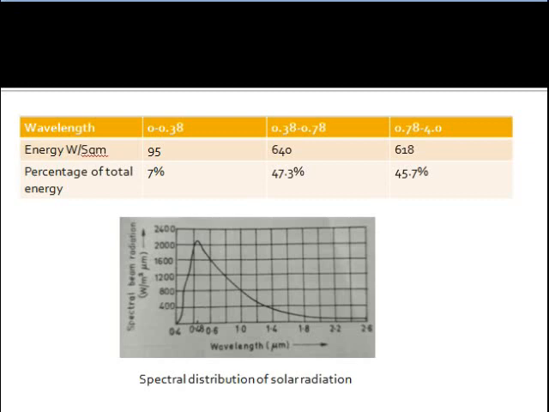You can refer to the textbook for further details. So what you have understood is that different wavelengths contribute different energy content of the solar radiation. So that much radiation is coming to earth, but a particular wavelength has more effect in releasing energy to the earth. This is what we can conclude from this slide.